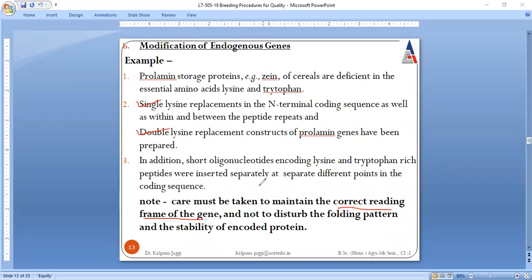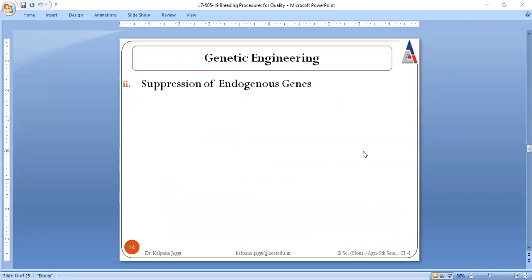So care is to be taken so that the correct reading frame of the gene is maintained. With this, I complete the very first method of genetic engineering, that is modification of the gene, which itself included two parameters, introduction or modification.